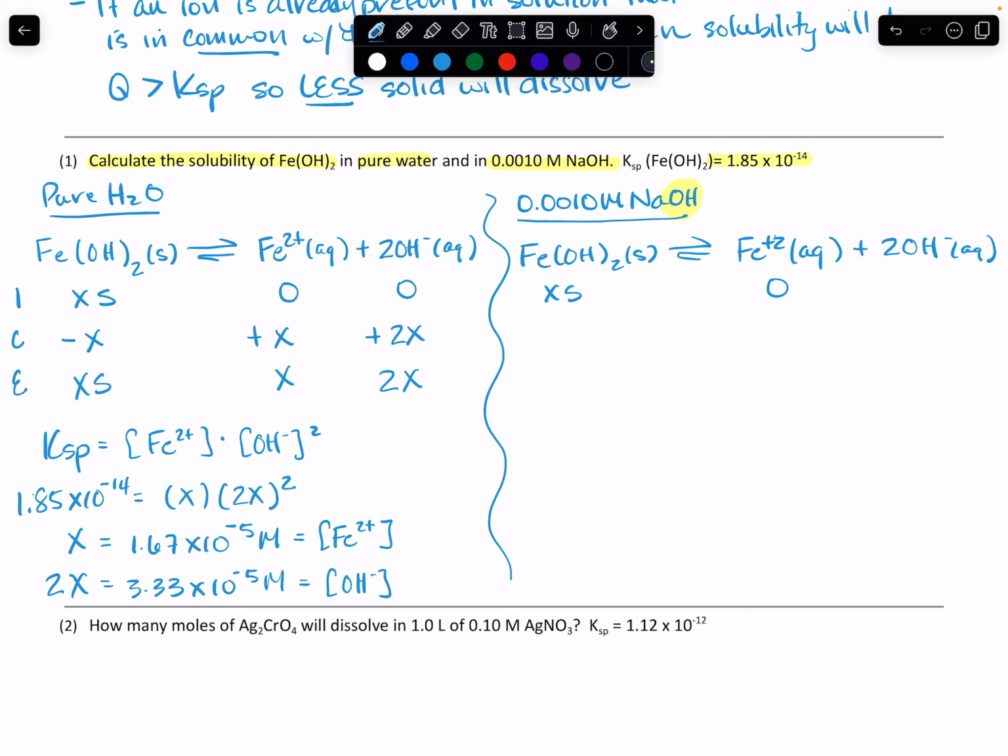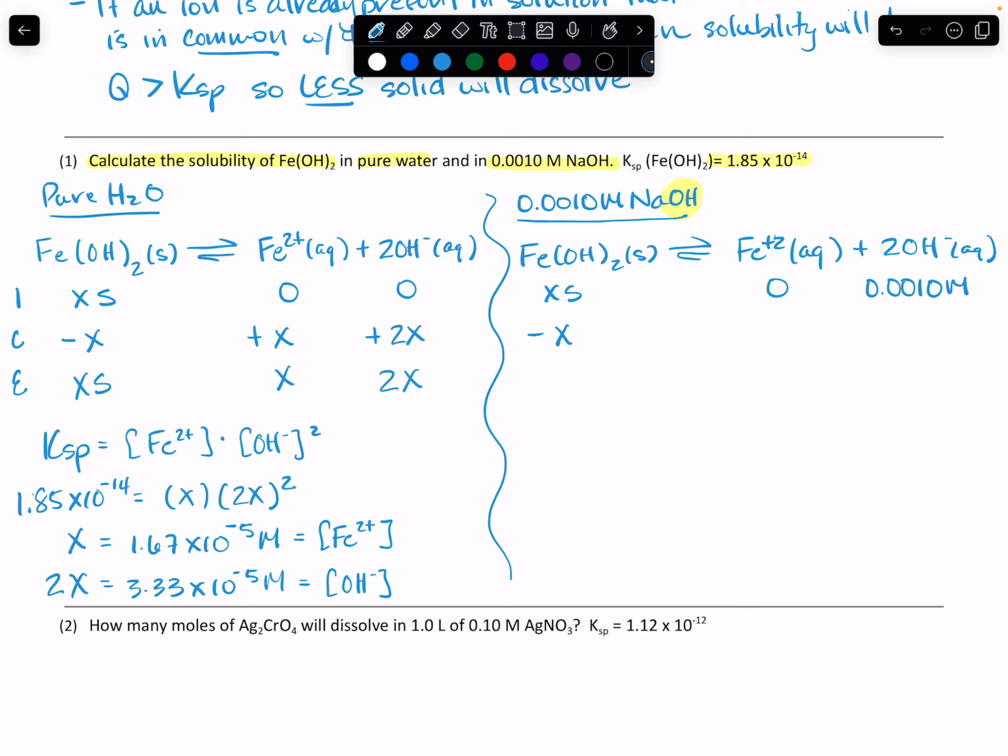So we need to include those in our initial line of our ICE chart. In NaOH, it's a 1-to-1 ratio from the NaOH to the OH-. So that means I have a concentration of 0.0010 molar hydroxide initially.